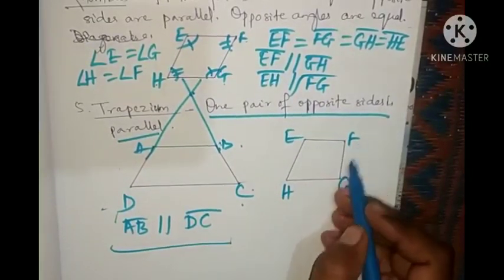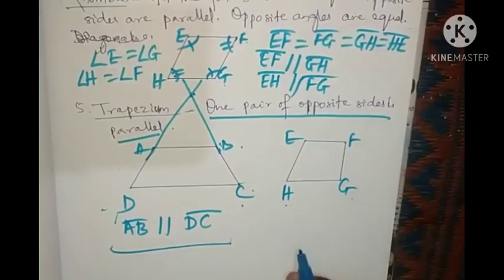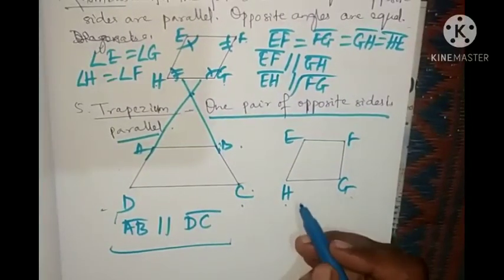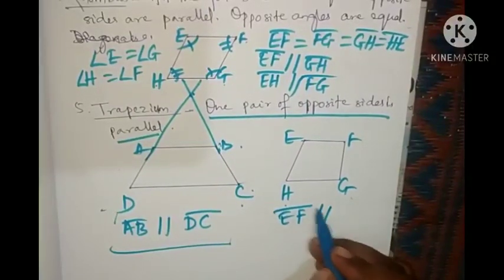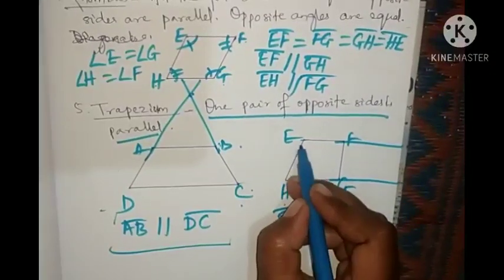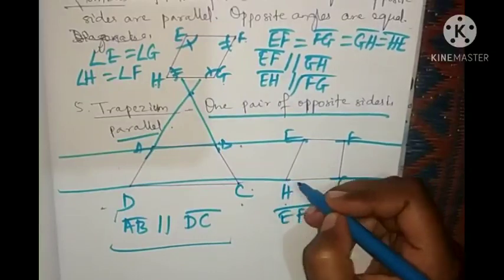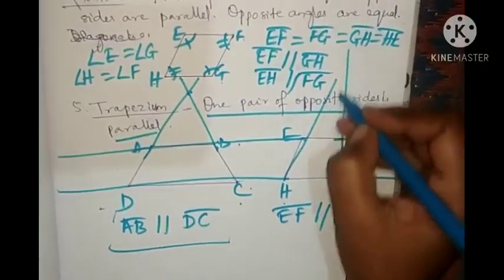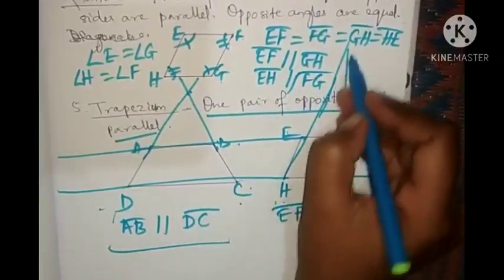Next you see EF and GH in this quadrilateral EFGH. EF is parallel to GH, because if you extend them, they are not meeting at any point. But if you extend EH and FG, you can see they are meeting.